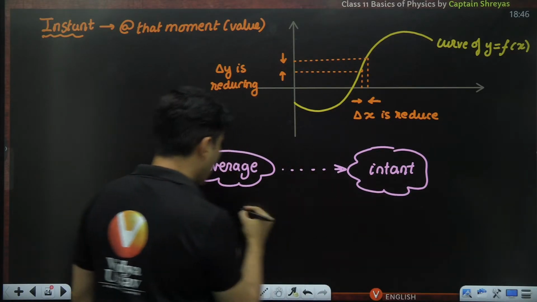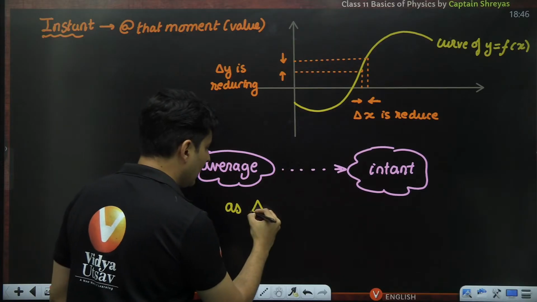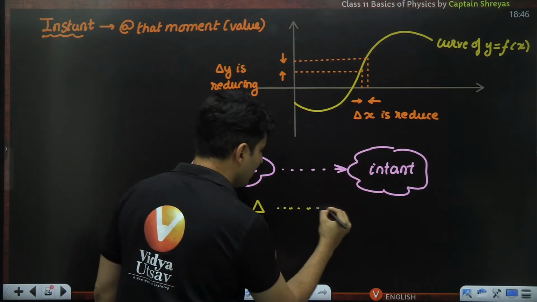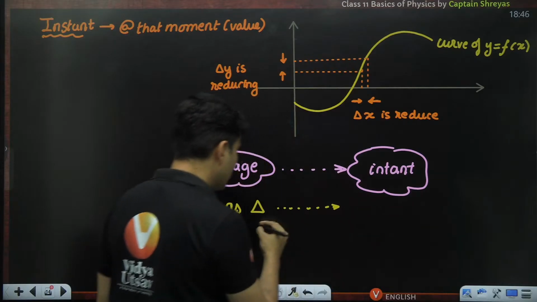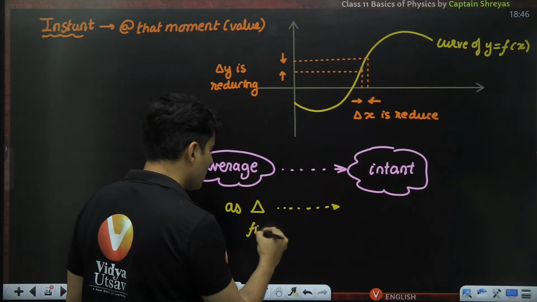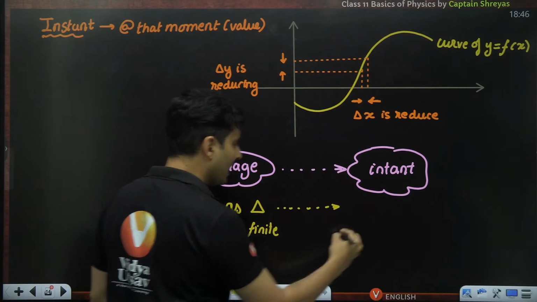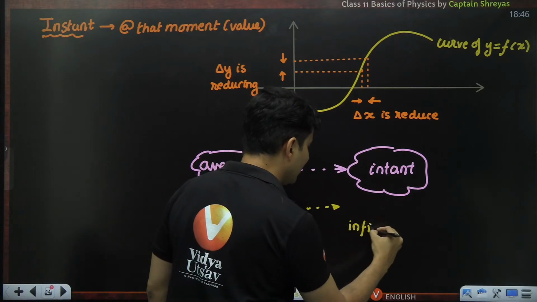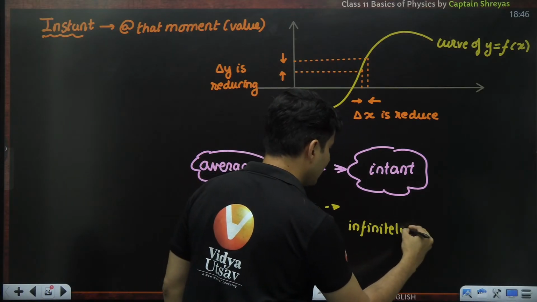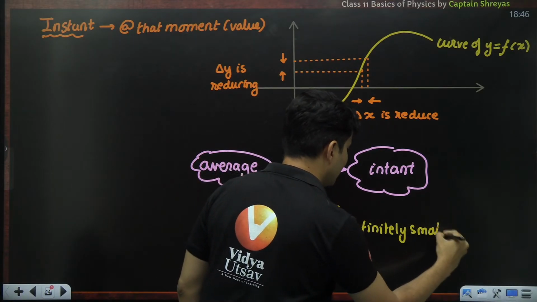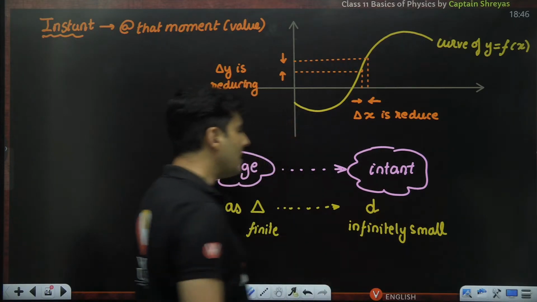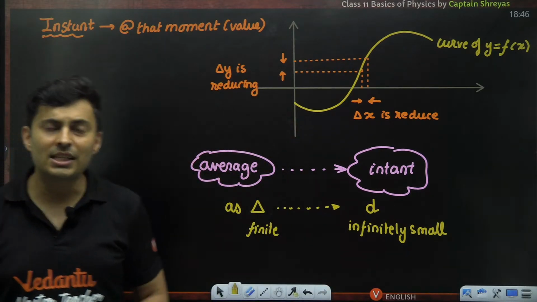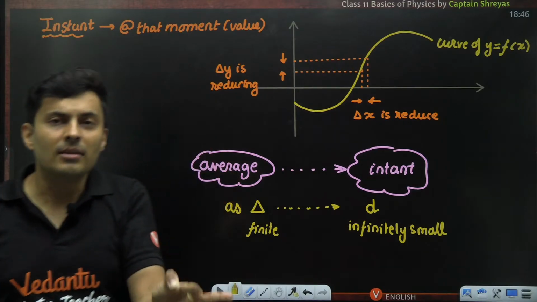as delta becomes closer and closer, smaller and smaller, delta, which is a finite value, becomes infinitely small, and such a small change is then called as d.